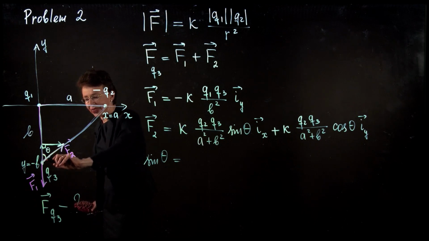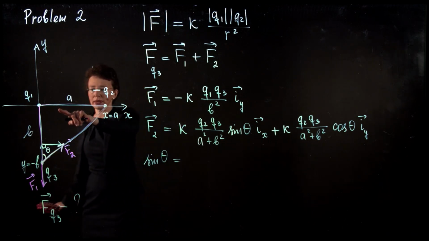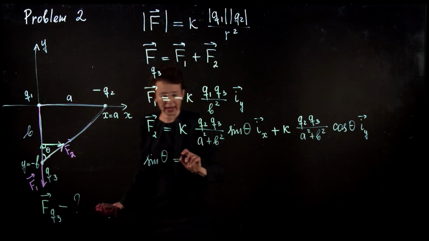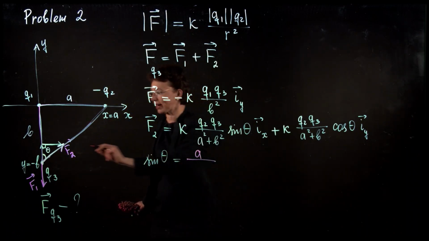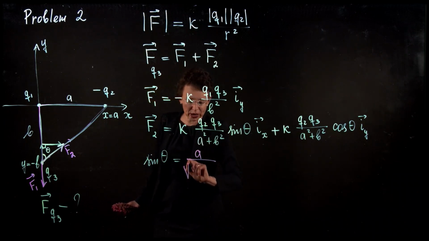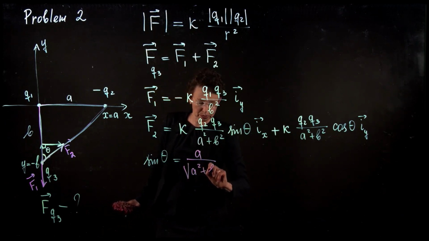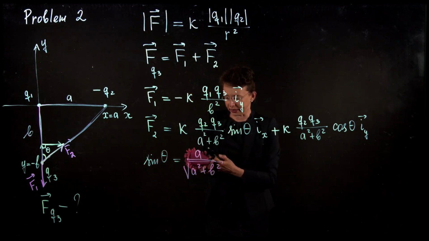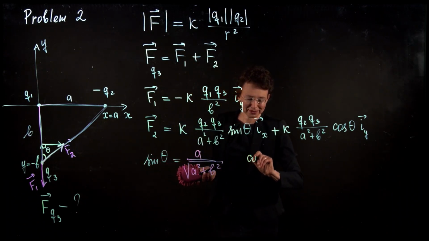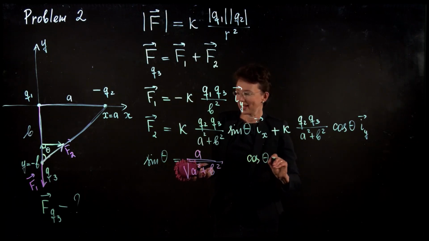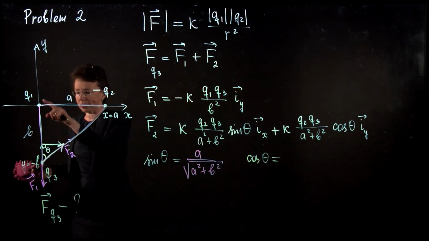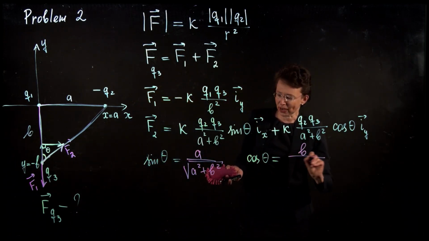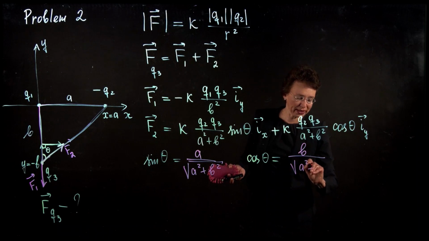And sine theta is the opposite leg, which is a, divided by the hypotenuse, which is the square root of a squared plus b squared. And cosine theta is equal to the adjacent leg, which is b, divided by the square root of a squared plus b squared.